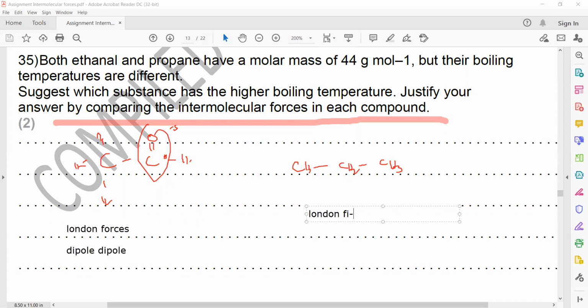So only one type of intermolecular force is there. So ethanol will have the higher boiling point.